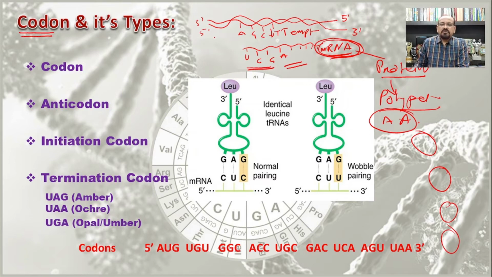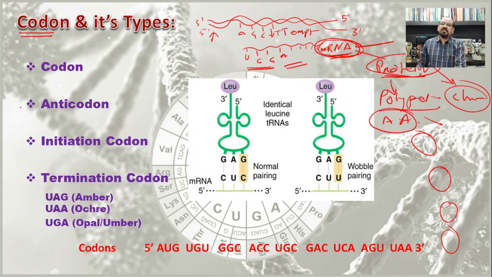So actually the genes which are present on the DNA will decide the structure of mRNA, or the sequence of nitrogen bases on the mRNA, and the sequence of nitrogen bases will decide the sequence of amino acid and naturally the protein. And the proteins are responsible for the expression of the characteristics of the organism. It means that which type of the sequence is on the DNA will decide which type of the character will be there in the organism.